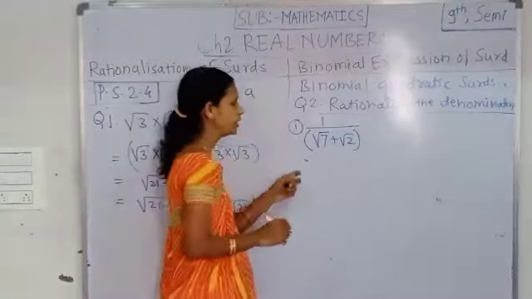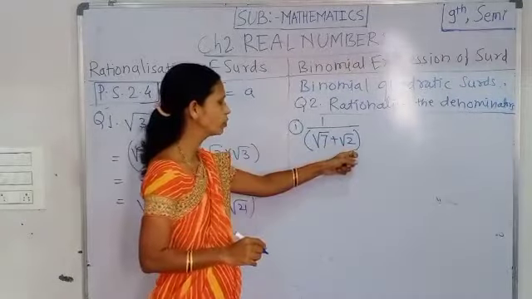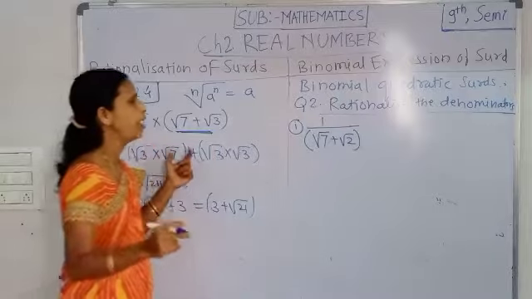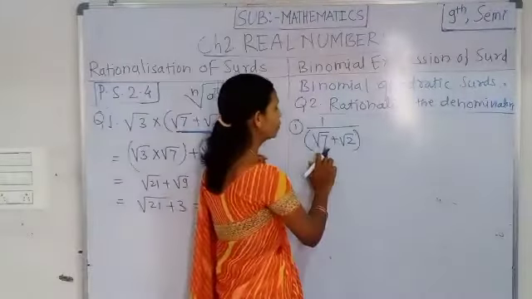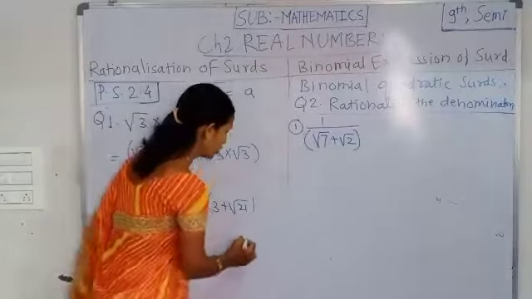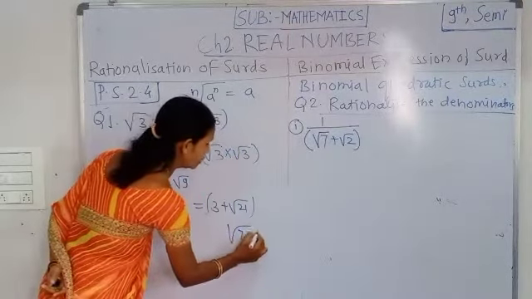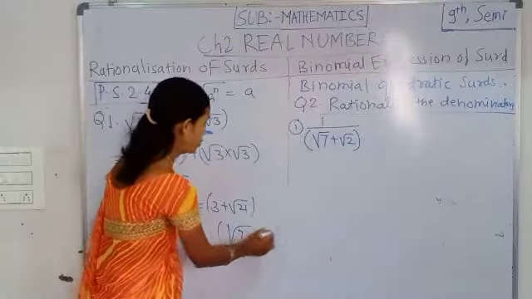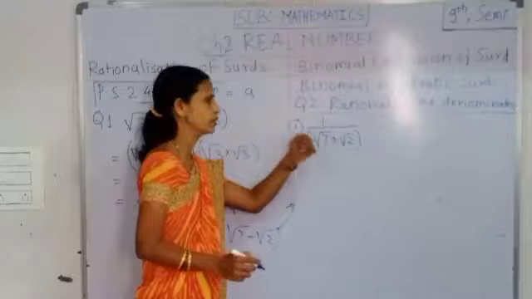All of you have studied that root 7 plus root 2 is a binomial quadratic surd, and the conjugate pair of that is root 7 minus root 2.